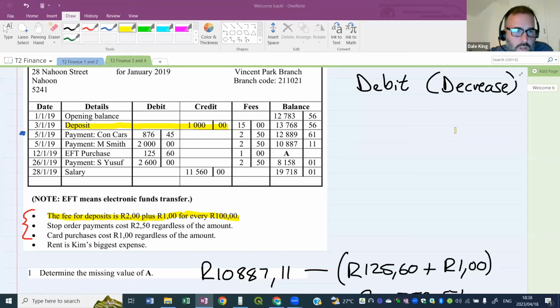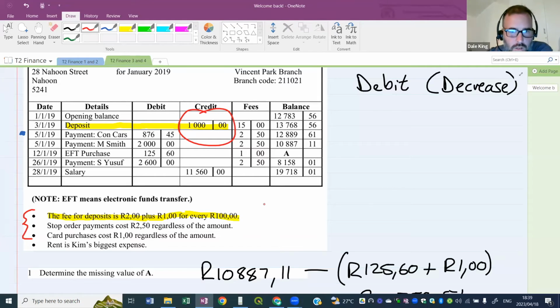Right, we've got to check this now. So we've got to use this first line of fees, 2 Rand plus 1 Rand for every 100, and do a calculation on 1,000 Rand and check what the fee should be. And your answer and the fee that they have, do they match? You guys need to do that calculation now. I'm going to give you 3 minutes.